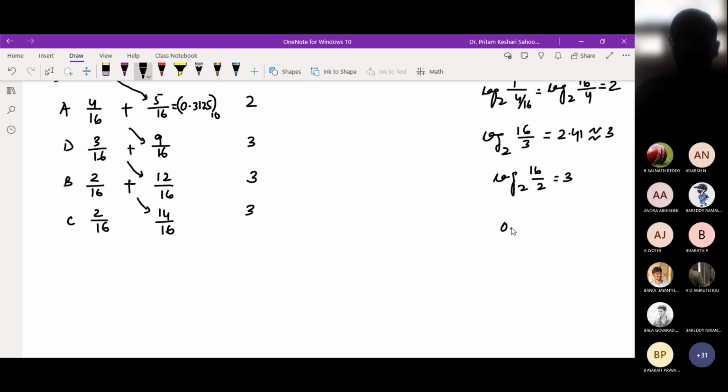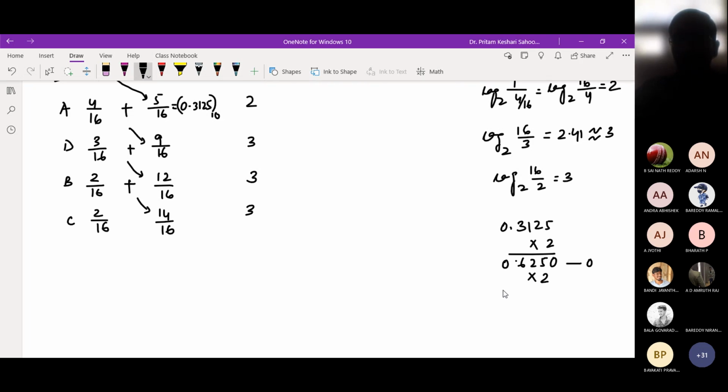So for 0.3125, you have to multiply it by 2. So it will be 0.625. The integer value is 0, so you note down the integer value.